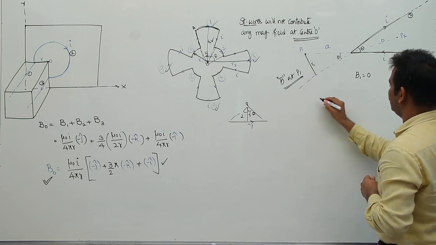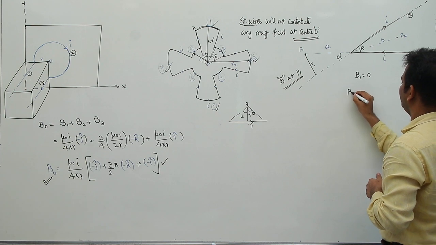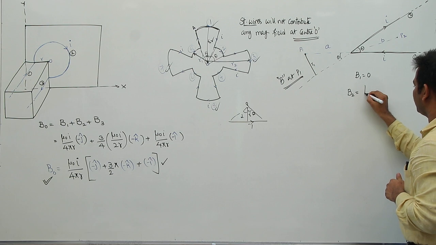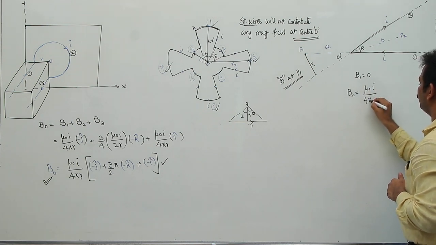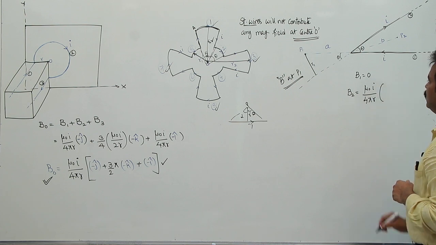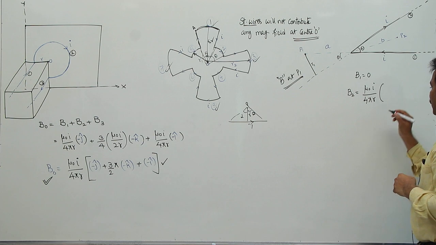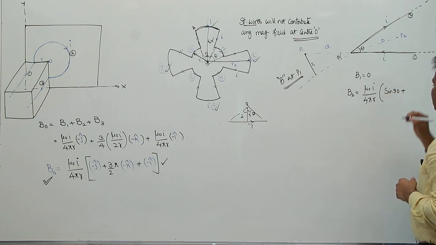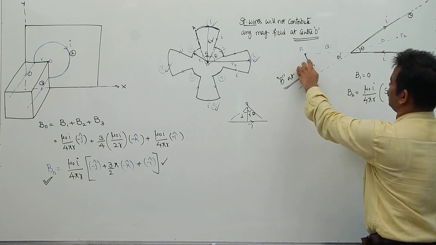So I am going to write the magnetic field at point P due to the second part, B2, that is the magnetic field due to the second part of this wire, which is given by mu naught times the current by 4 pi r into, if you join this point with the other end of the wire, this will become sine 90 plus the other angle. Now I need to measure the angle from here to here.